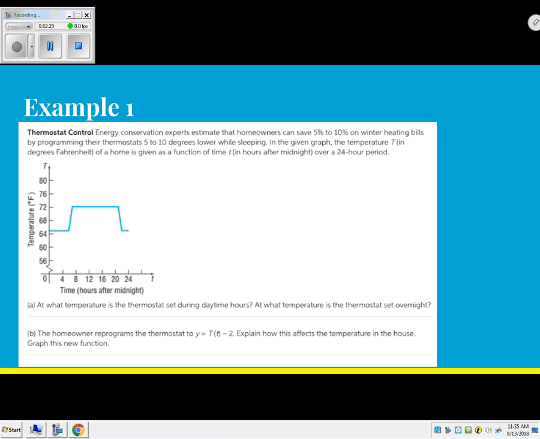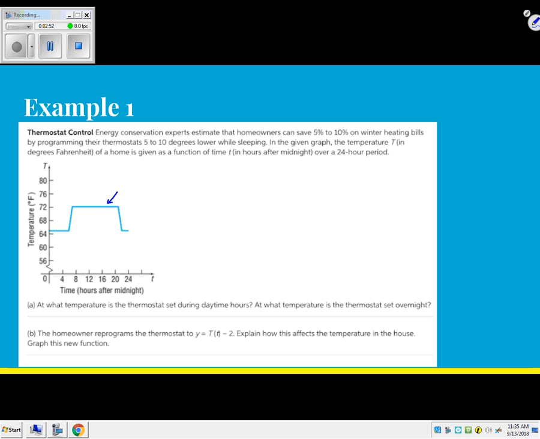Evidently, what this problem says is that energy conservation experts estimate that homeowners can save 5 to 10% on winter heating bills by programming their thermostats to be 5 to 10 degrees lower while they sleep. In the given graph, temperature of a home is given as a function of time, meaning the temperature is my y-axis, and the little t is my x-axis, time after midnight, or a 24-hour period. It wants to know, at what temperature is the thermostat set during daytime hours? Well, during daytime hours is where it's peaking right here.